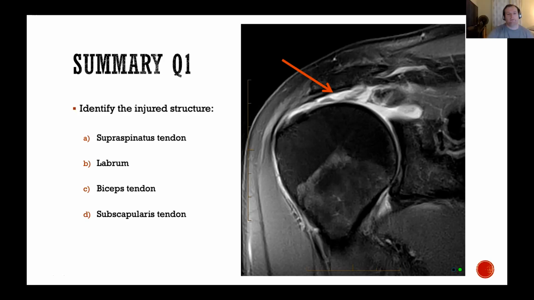Okay, so question 1, identify the injured structure. Is that the supraspinatus tendon, the labrum, the biceps tendon, or the subscapularis tendon?